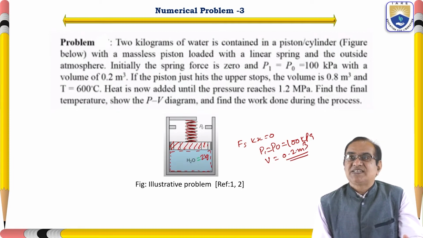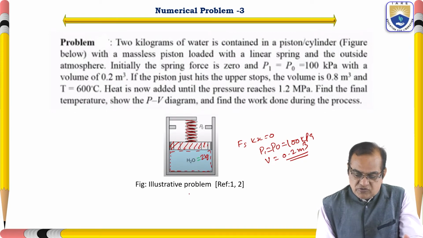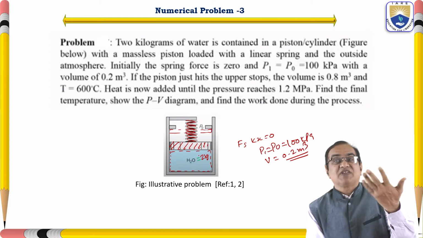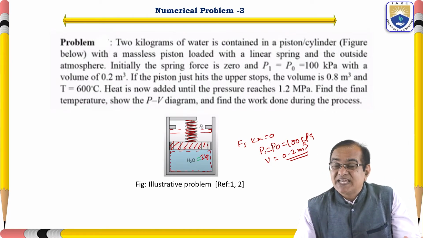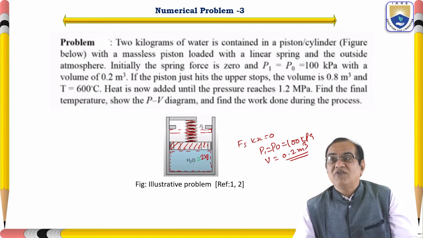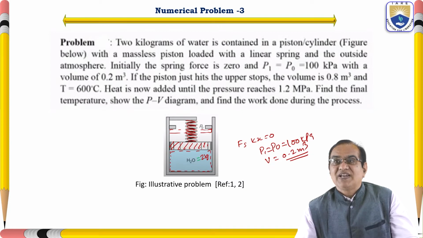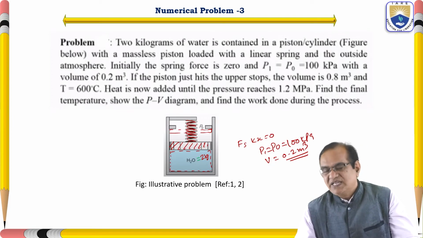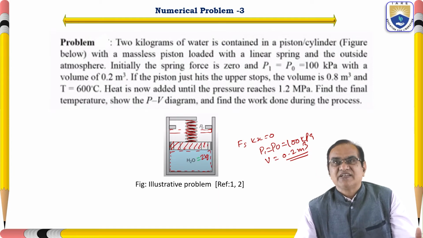Now if you give some heat, it expands and the piston reaches here. It hits. If it is hitting, the pressure will change. This is the indication. How will we ensure whether it is hitting or not? We will calculate the pressure at the second stage, and if we find that this pressure is more than the initial pressure, then it is a case of hitting.